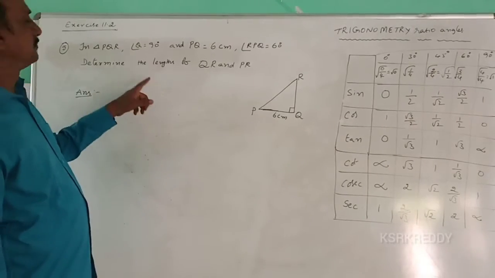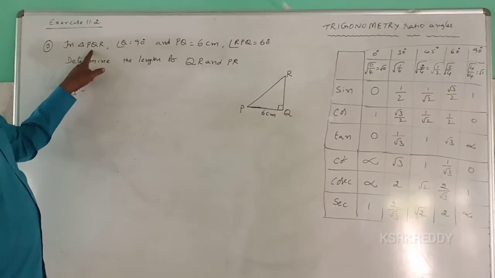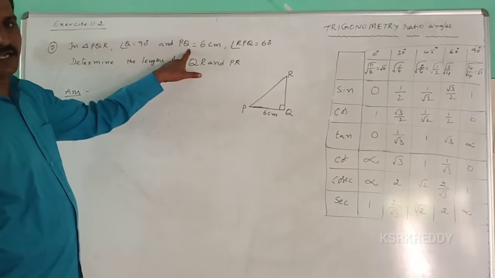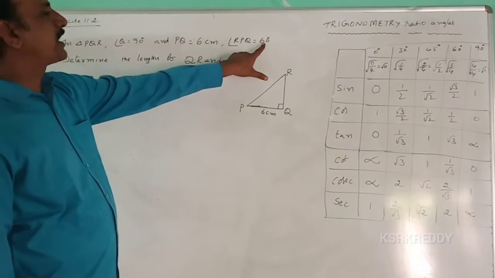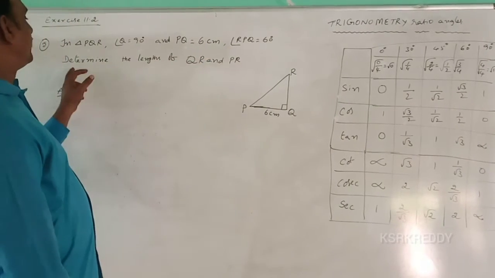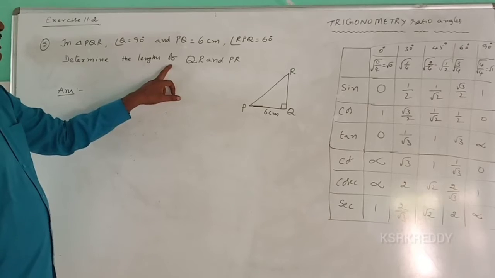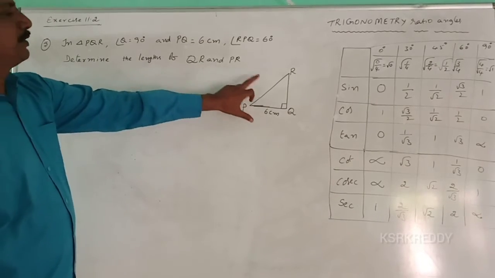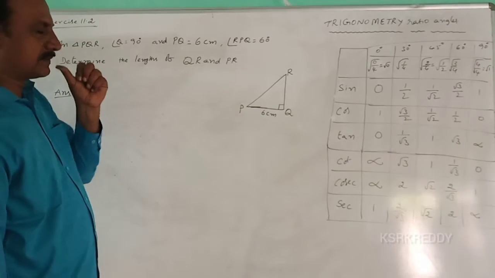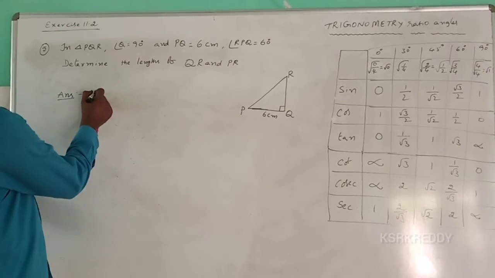Okay, next sum. In triangle PQR, angle Q equals 90 degrees and PQ equals 6 centimeters. Angle RPQ equals 60 degrees. Determine the lengths of QR and PR. How do we find the QR and PR length values? So here, what is given?